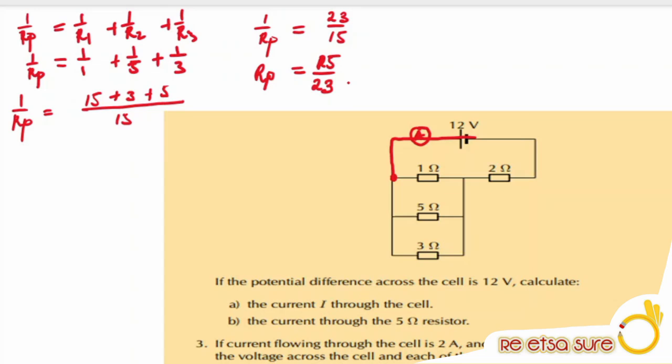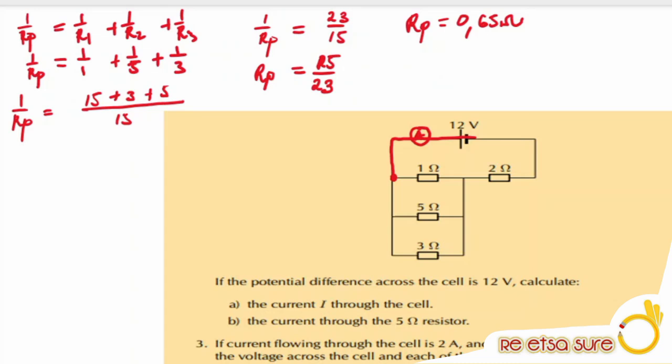And then from here, if you put 15 over 23 in your calculator, you will get something like 0.65. Our Rp here is 0.65 ohms. But remember that this one is not our total resistance.